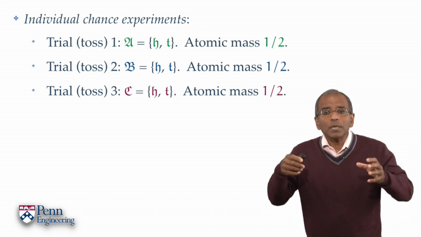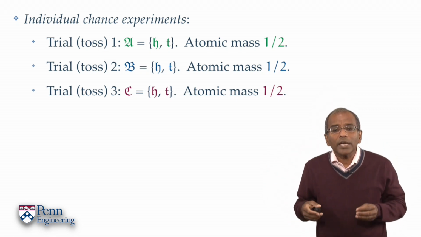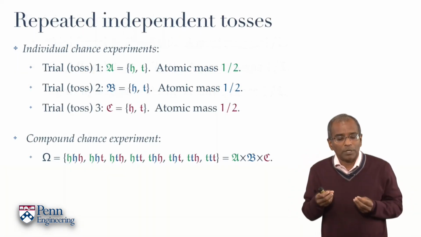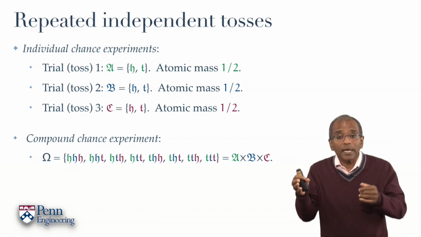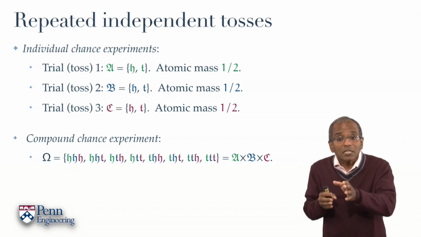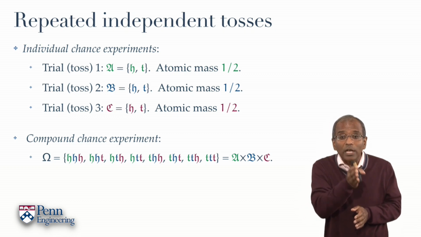The chance experiment overall, involving tossing the coin thrice, gives rise to a compound experiment. And in this compound experiment, the sample space is a space of triples, color-coded by trial 1, trial 2, trial 3: green, blue, maroon.